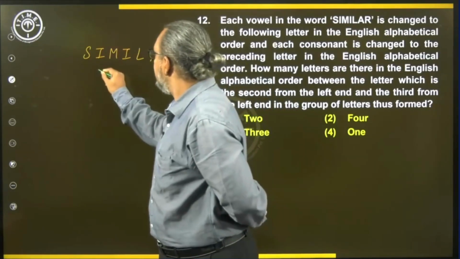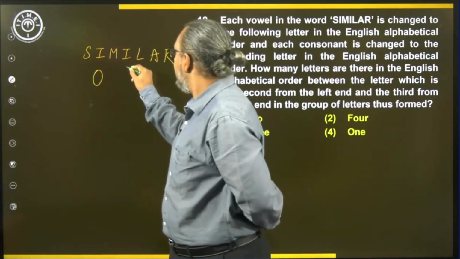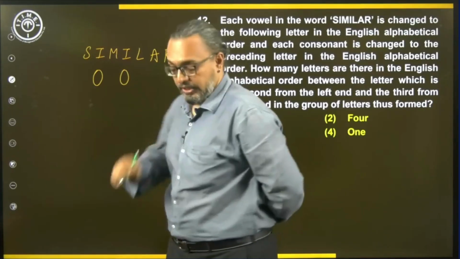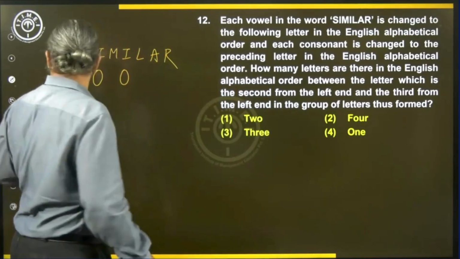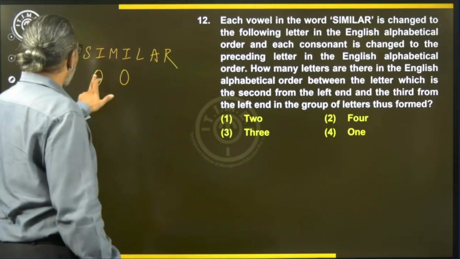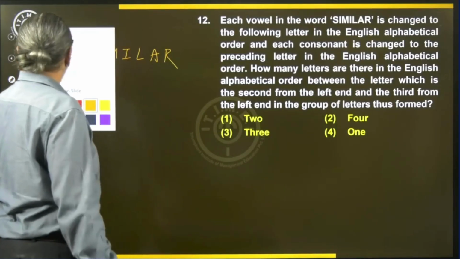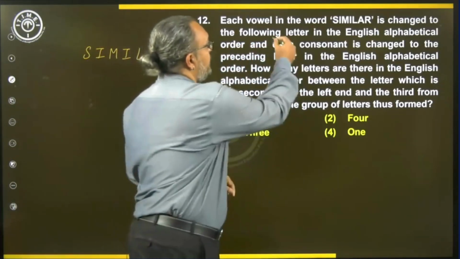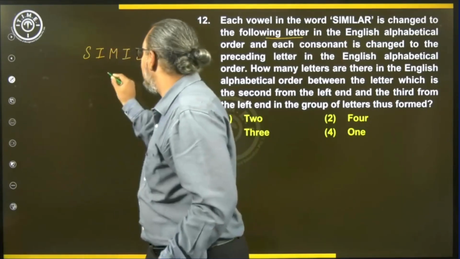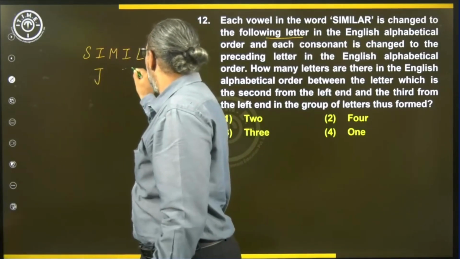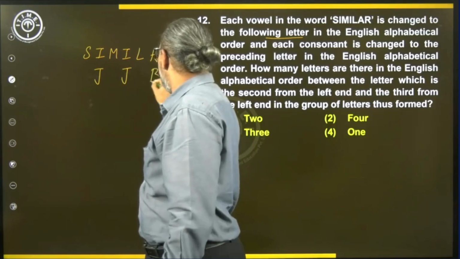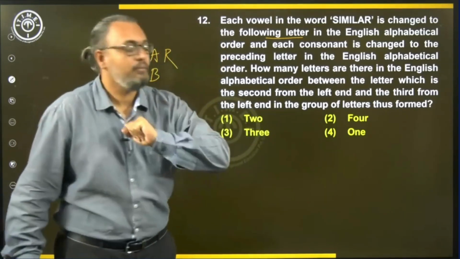Sorry, not vowel to vowel. Each vowel is changed to the following letter, he said. So that means I is changed to J. Here also I is changed to J and A is changed to B, following letter, correct?